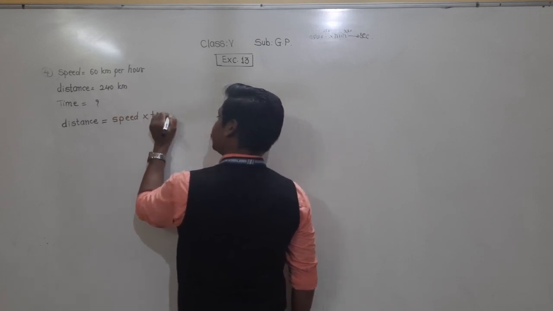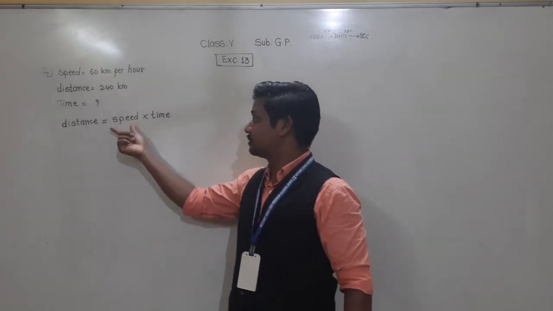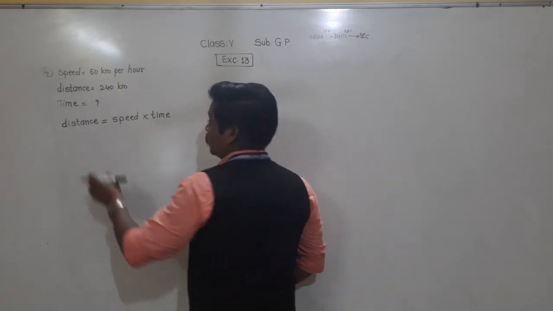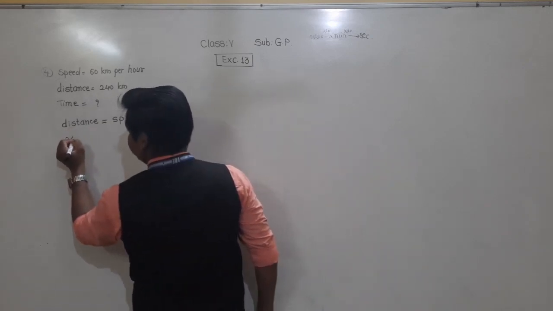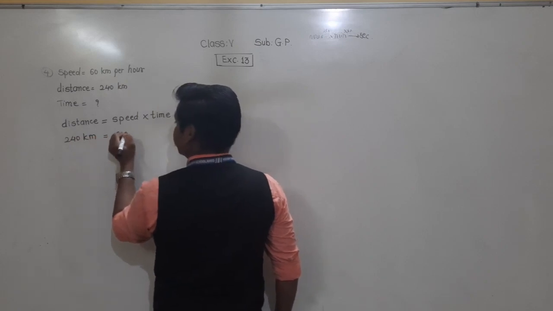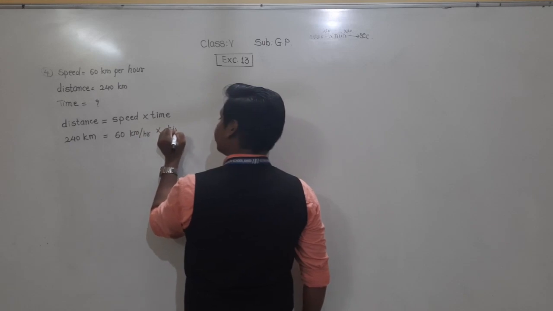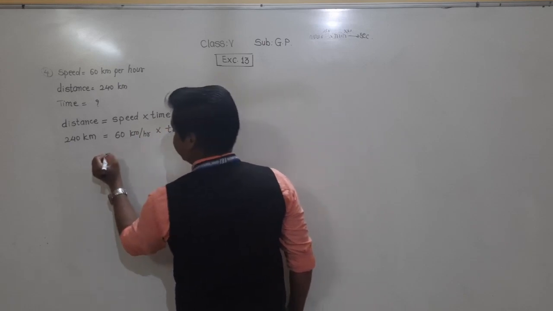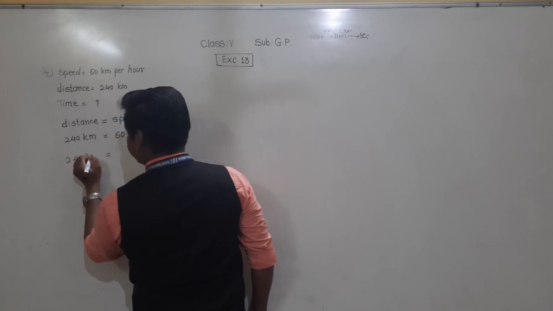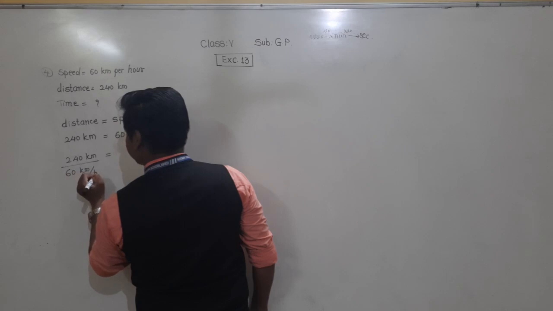Okay, speed into time means whenever we have to find distance, we multiply speed with the time. But here now we have to find time, right? So distance is 240 km. Speed is 60 km per hour into time. Okay. Now as you have to find time, bring this 60 km here. 240 km divided by 60 km per hour.